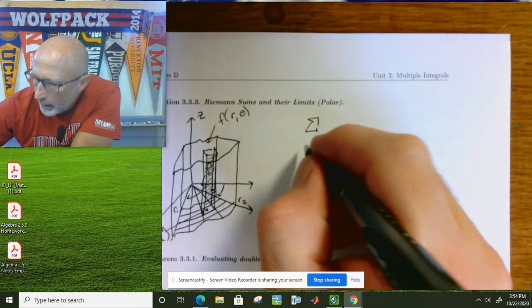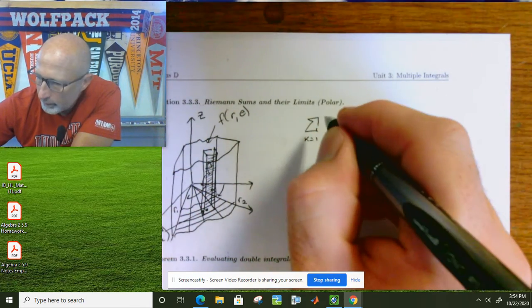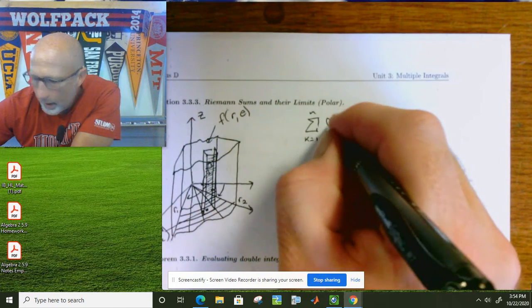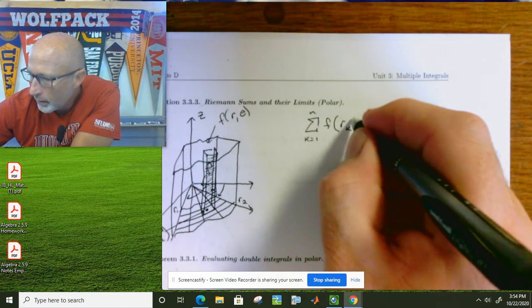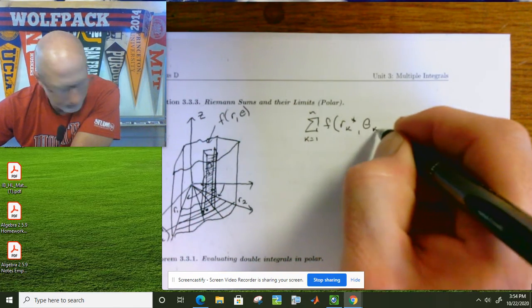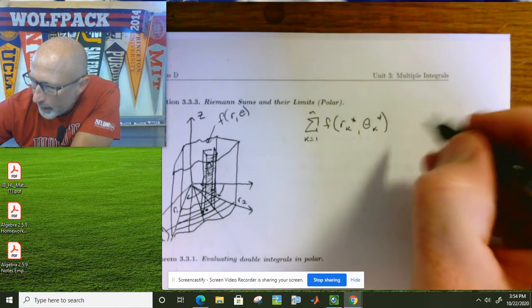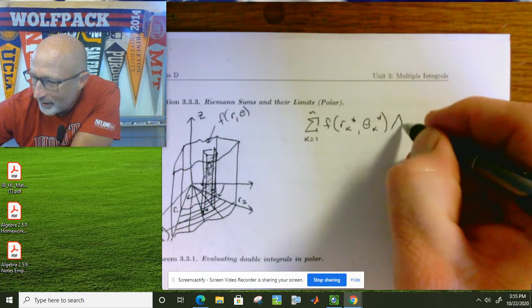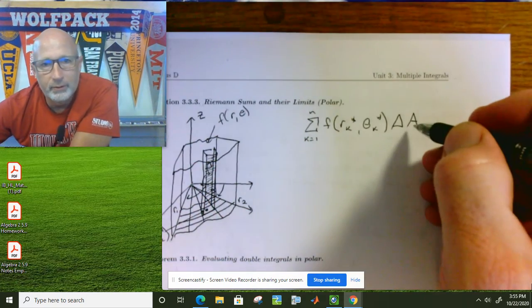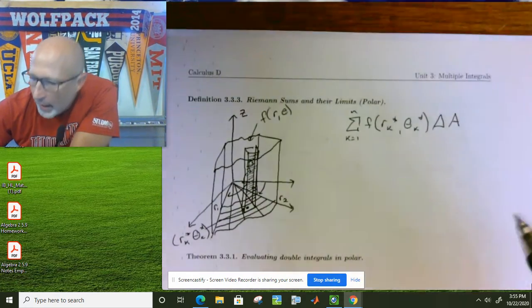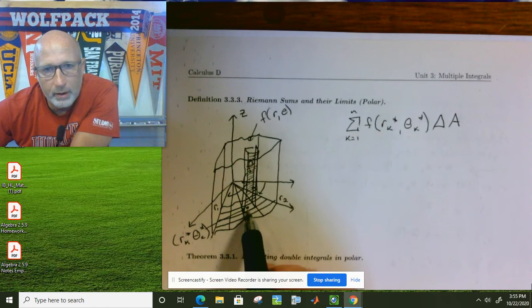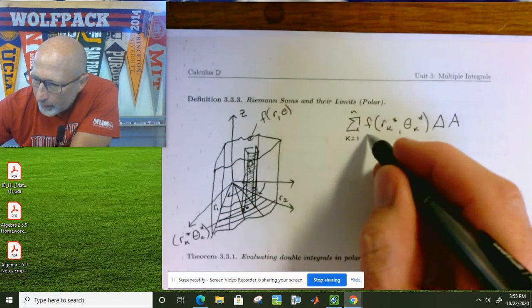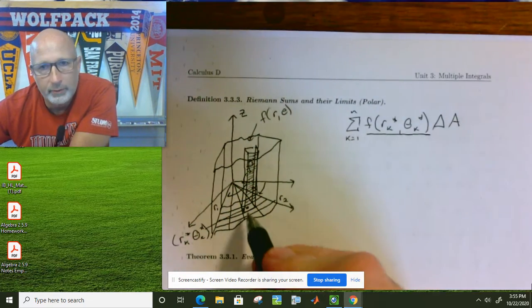So we're going to sum these up, letting k go from 1 to n of f of r_k star, theta_k star, and then multiply it by some delta A. Delta A stands for the area of this polar rectangle, and f represents the height at some arbitrary point inside it.